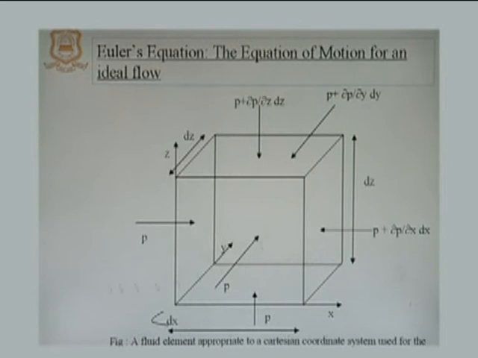If you refer to this figure, this pressure P multiplied by the corresponding area is acting in the positive x direction, and this one is acting in the negative x direction. So, what is the net force acting in the x direction? It is equal to this force minus this force.